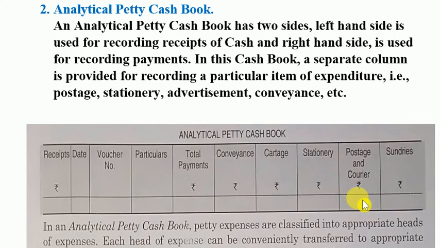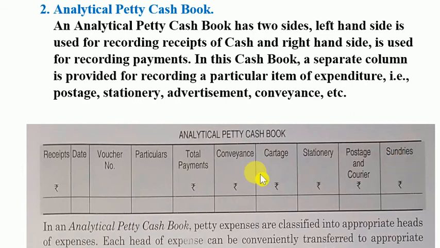And those expenses which do not go in conveyance, cartage, stationery or postage, all expenses other than these columns will be recorded in sundries. In this column, we'll record other expenses like refreshment. Why?